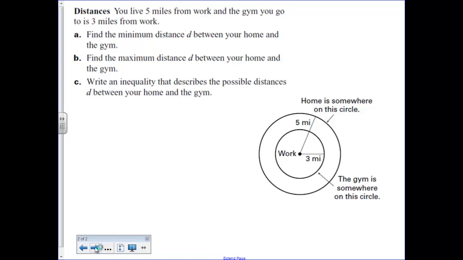Okay, so the gym is somewhere on the inner circle. Work is here in the center. And your home is somewhere on the outer circle.